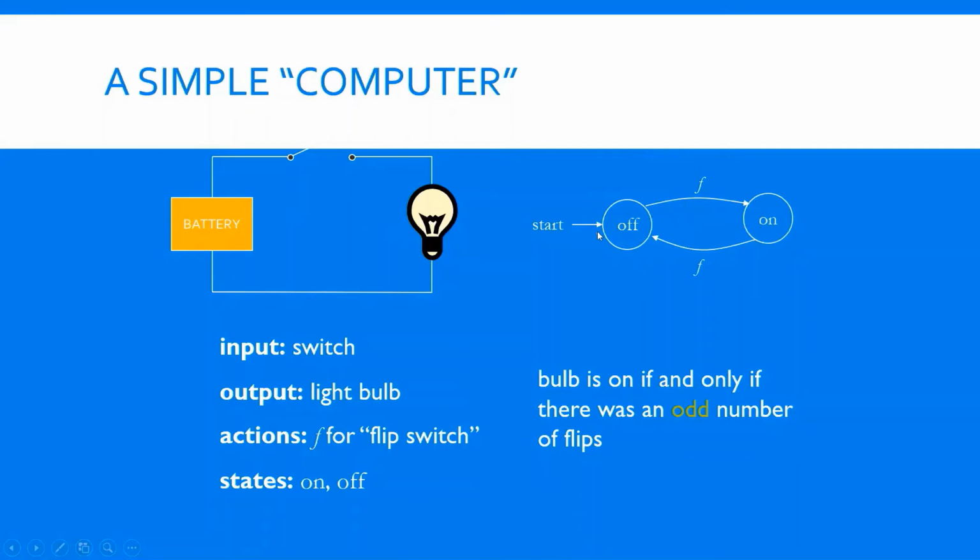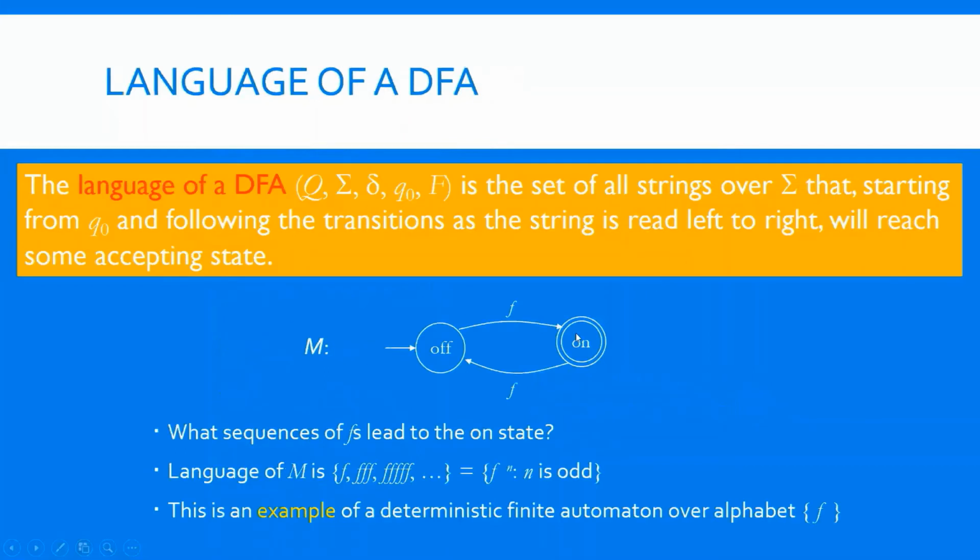Then FFF: you are in the off state, switch on, switch off, then on again, so your bulb will be in the on state. So F, FFF, or FFFFF. Any odd number of F's. The question is, what sequences of F's lead to the on state?